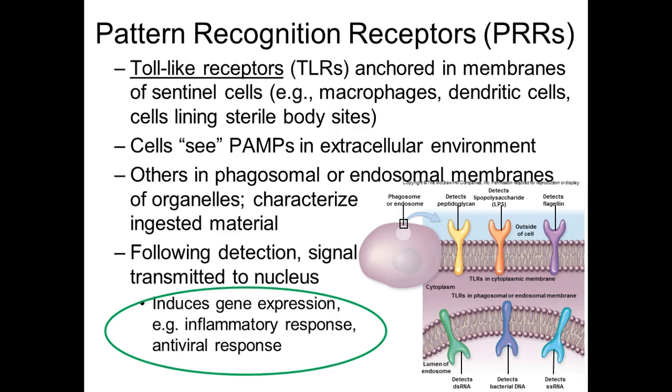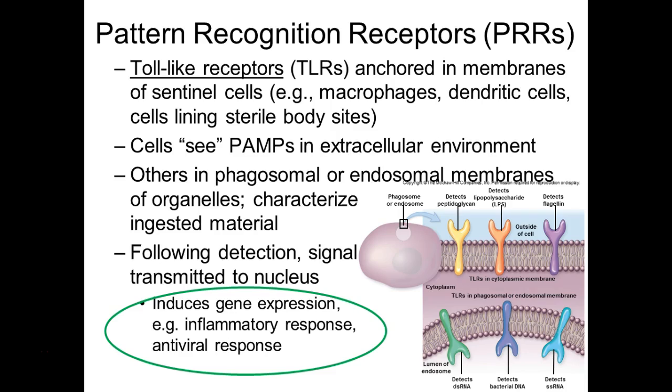Any one of those receptors that triggers a message is going to send it to the nucleus, and the cell is going to respond. It's going to activate some genetic information, and it's going to do something. The most common overall responses that we see are inflammation and then specific antiviral responses.